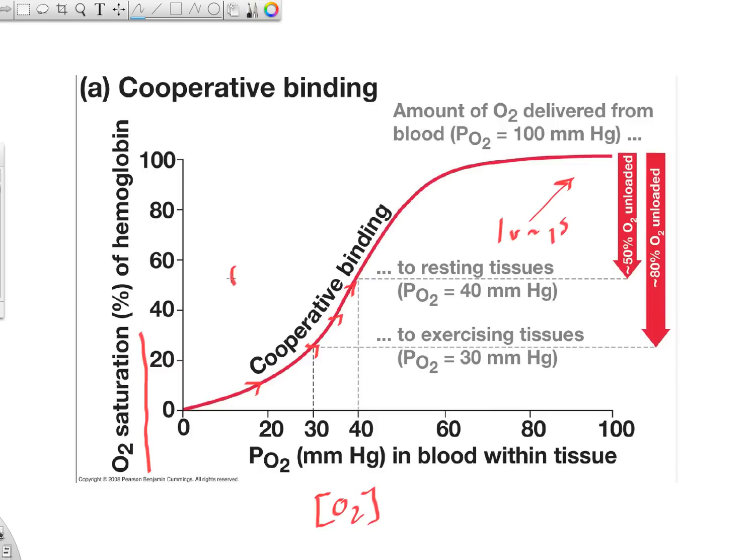And then you want to let go of oxygen when your tissues need oxygen. So where oxygen is not available to tissues, then it's not going to be very concentrated in the blood. Therefore, hemoglobin lets go of oxygen there at the low oxygen levels.